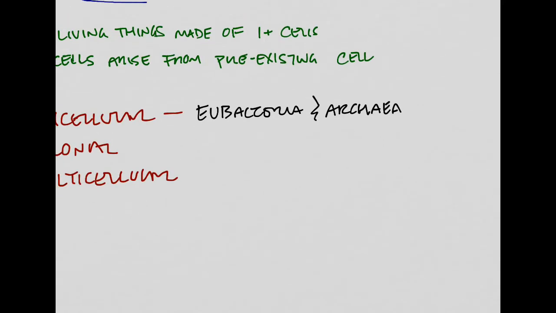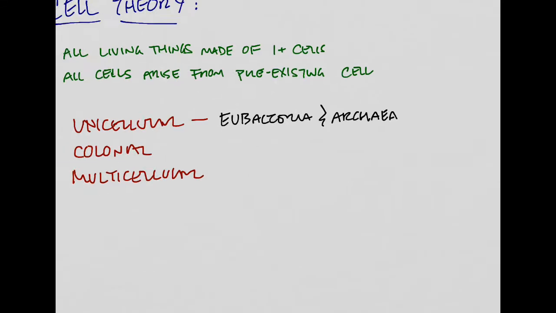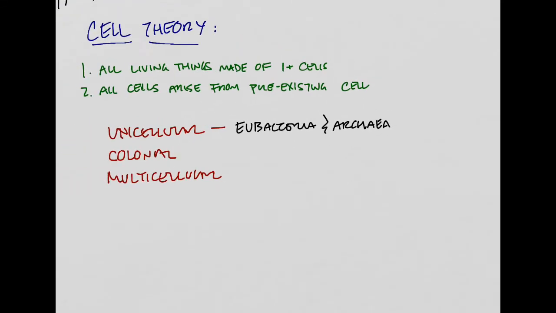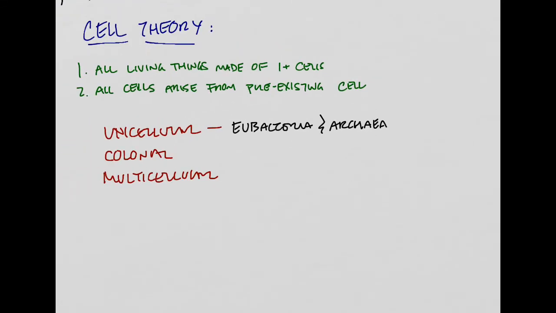A-E-A. I just had to look that up. I cheated. Okay? But we can also have unicellular organisms that exist in eukaryotic cells. In other words, organisms that are unicellular, but not just prokaryotic, they are eukaryotic as well. And that includes things like yeasts in kingdom fungi and all the protists that we see in kingdom protista.